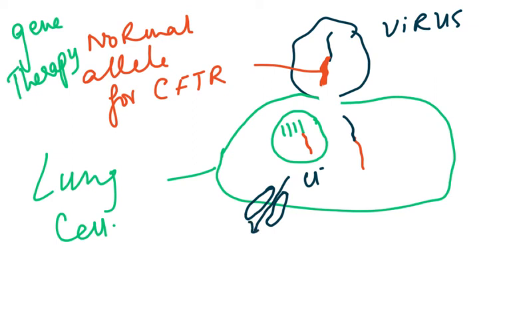But this has not been a very success story, because we gave it in the form of inhalers, but then the normal DNA, which we used the virus as the vector to take into the human cells, somehow got attached to a part of the chromosome where it resulted in uncontrolled cell division, and those people developed lung cancers. So it's not been a very successful story.